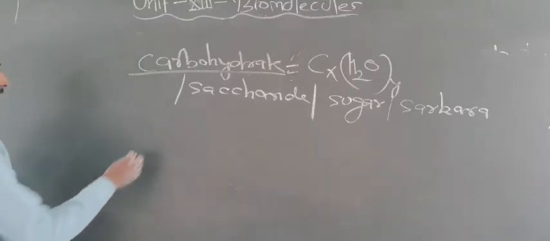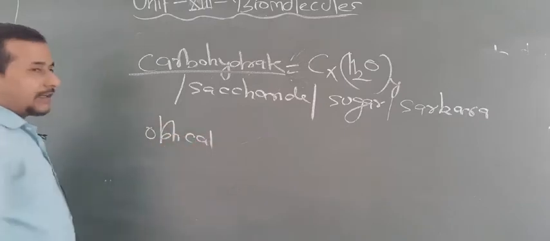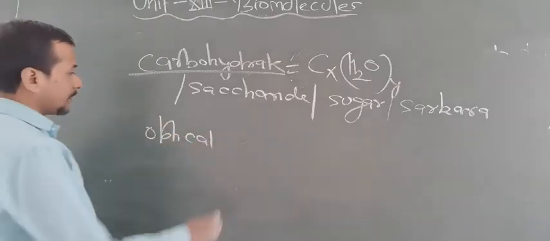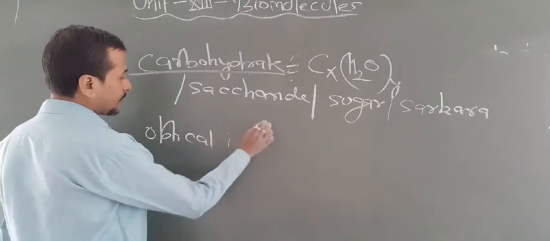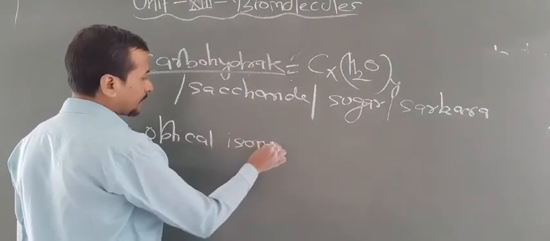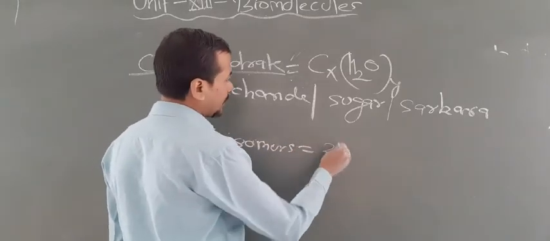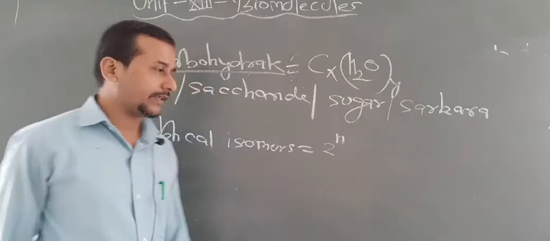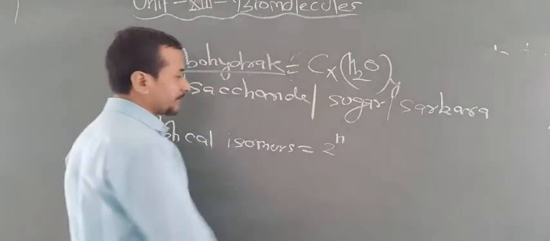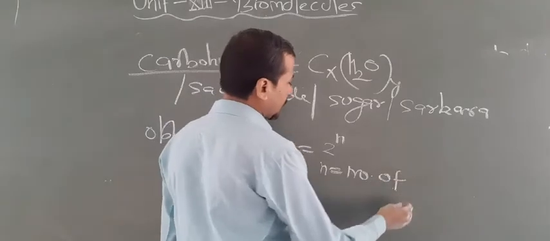Now how can you find the optical isomers? Look here, by this formula you can find the optical isomers of carbohydrates: 2 to the power n, where n is the number of chiral carbons.